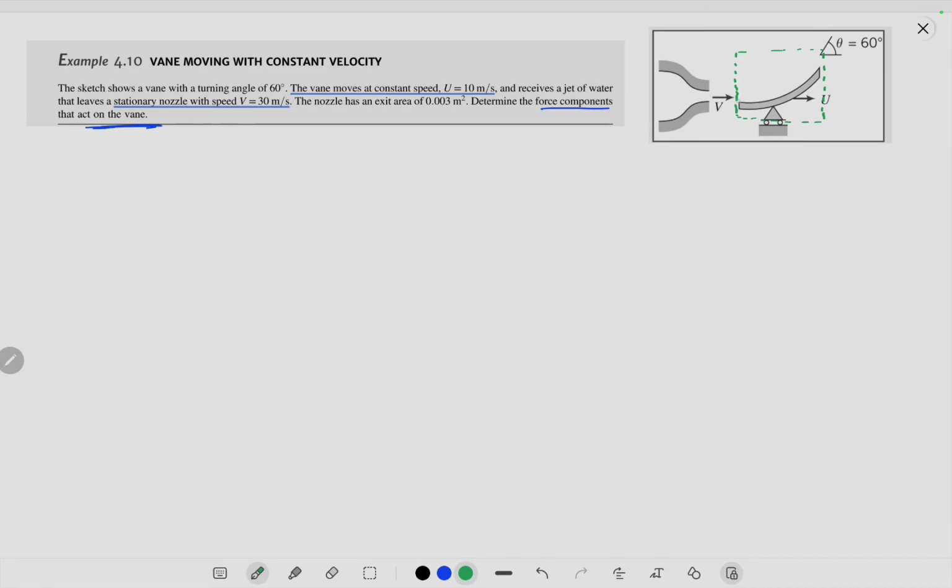This v vector is the velocity of the fluid, but this velocity is with respect to the ground, with respect to some stationary observer on the ground, and this u vector also is with respect to some stationary observer on the ground. So the velocity with respect to the control volume will be, let me give you one example.